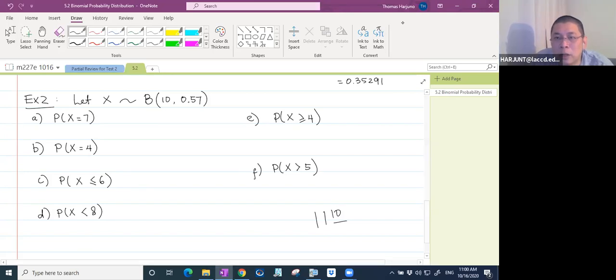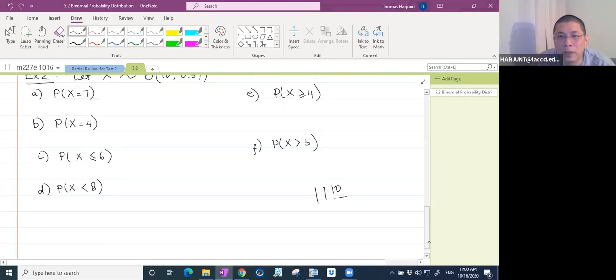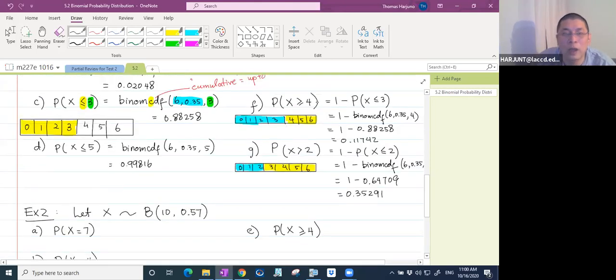Can you quickly re-explain why part G is 1 minus less than or equal to 2? Well, from the picture: greater than 2 means it starts from 3. From the set of possible outcomes, greater than 2 implies 3, 4, 5, 6.